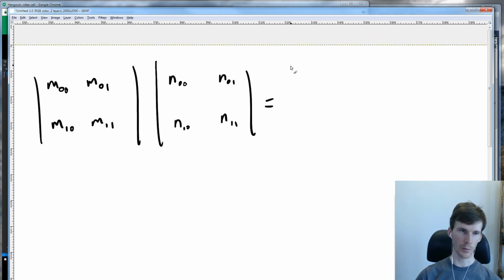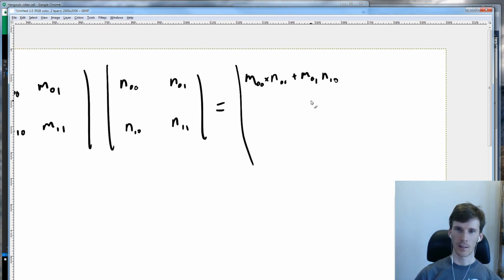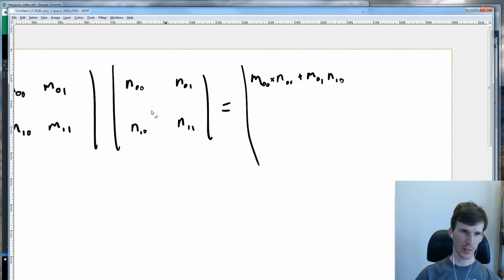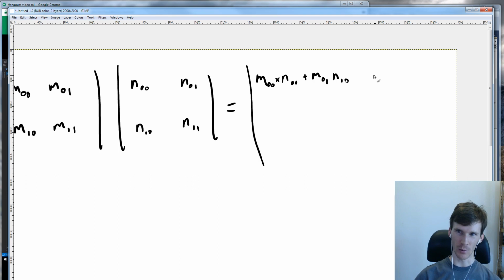So the first one would be M00 times N00 plus M01 times N10. This is going to get fun. Let's quickly go through all of these to make sure we have it all down, and we can just bang this into the compiler.